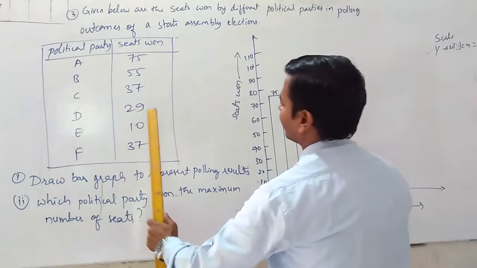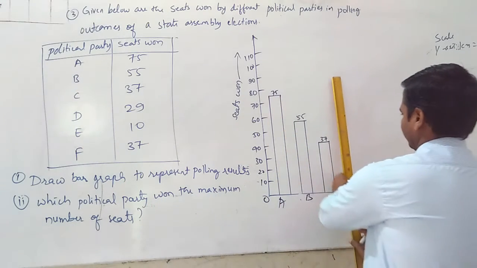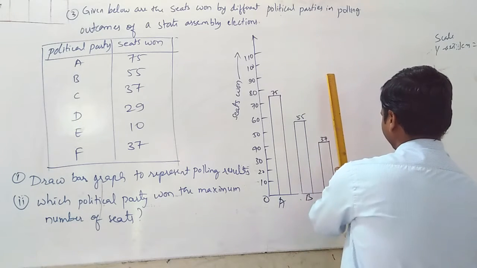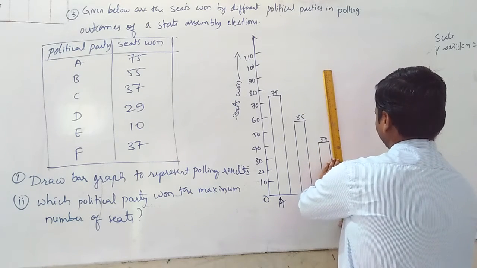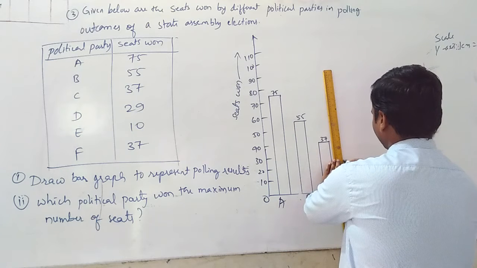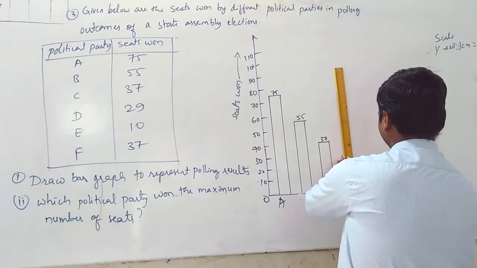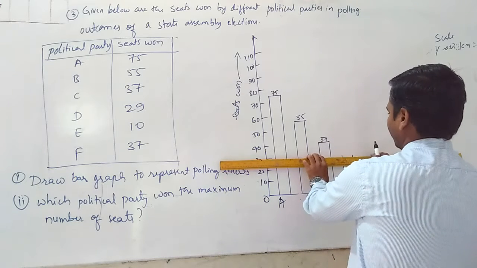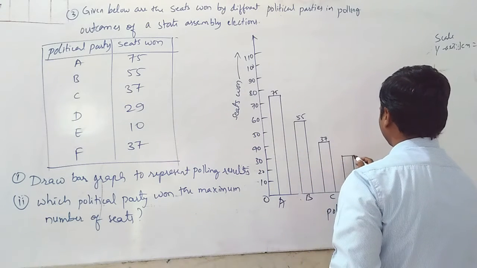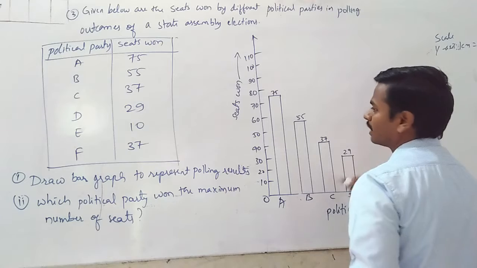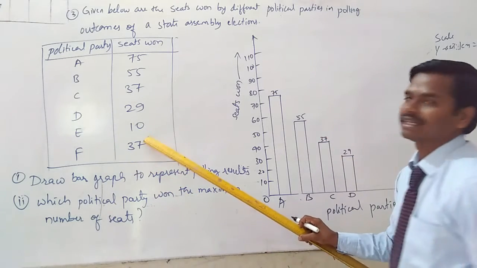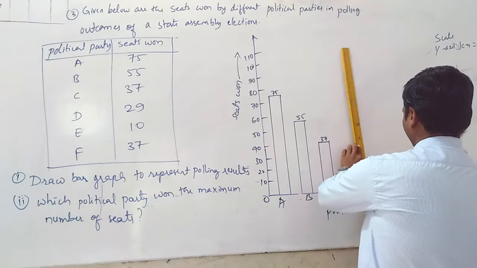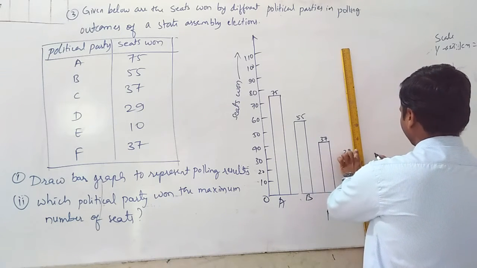Next, party D won 29 seats, which is near to 30. Then party E won 10 seats.